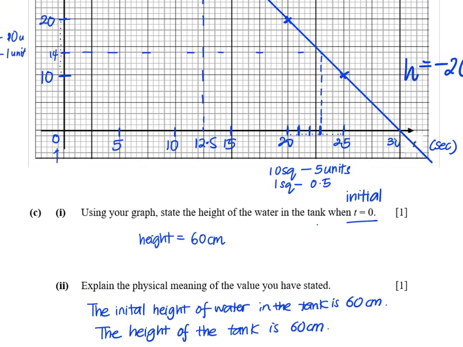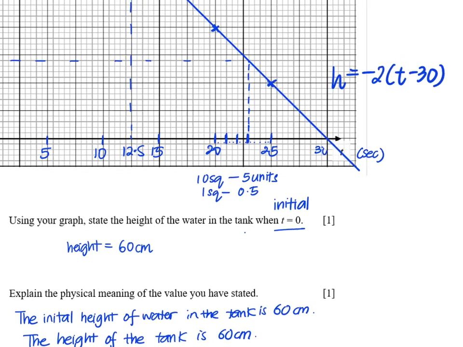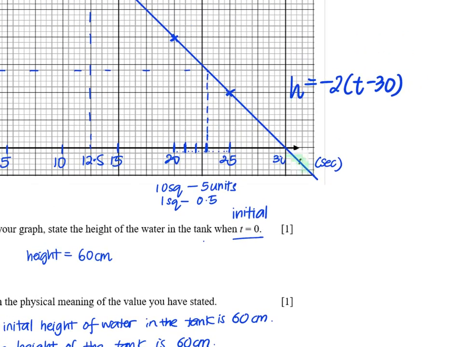If I were to extend my line, there's this portion of my graph that actually goes below the axis. This one, can height be equal to a negative value? So this portion over here, this portion is invalid. Why? Because height cannot be a negative value, it is not applicable.